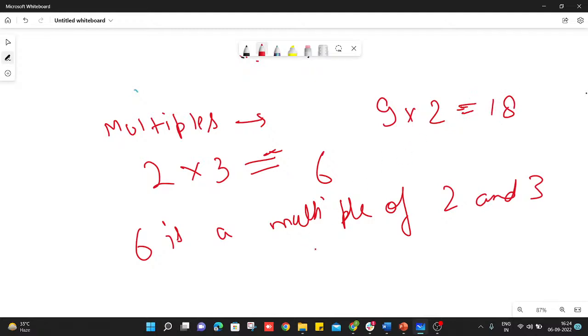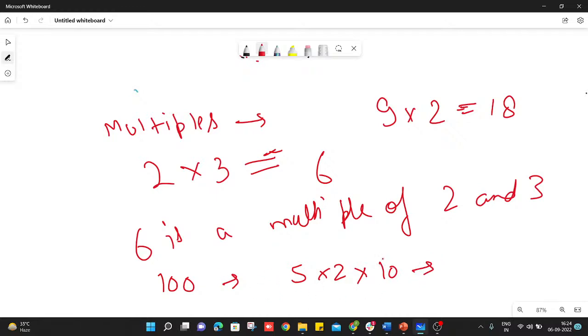It is not always that a number will be a multiple of only two numbers. It could be a multiple of three numbers or four numbers as well. Let me give you an example. 5 multiplied by 2 is 10, and 10 times 10 is 100. 100 is a multiple of 5, 2 and 10.